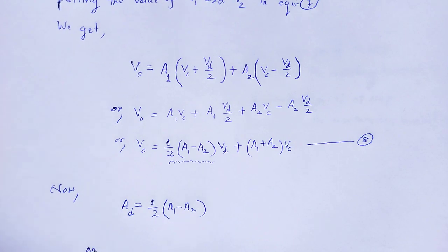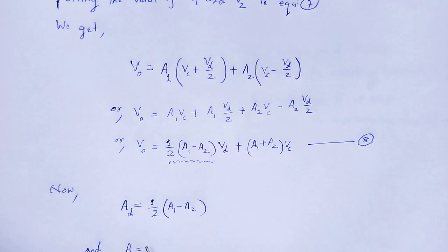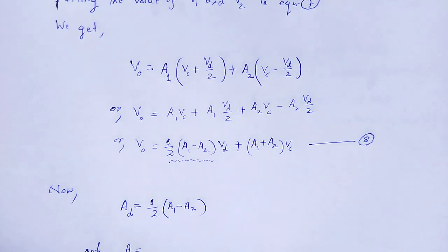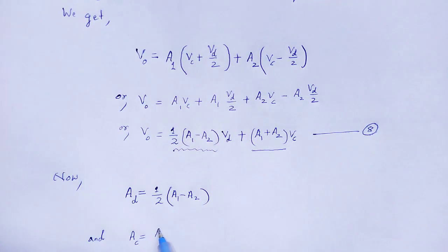And AC, which is called the voltage gain for the common mode input signal, is A1 plus A2.